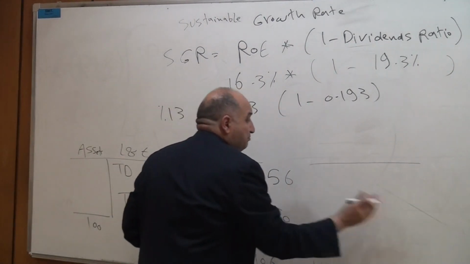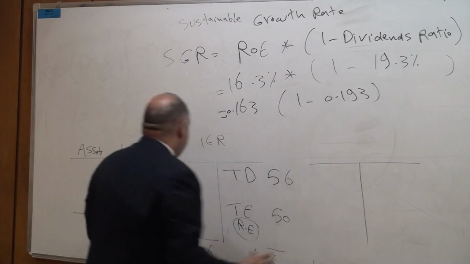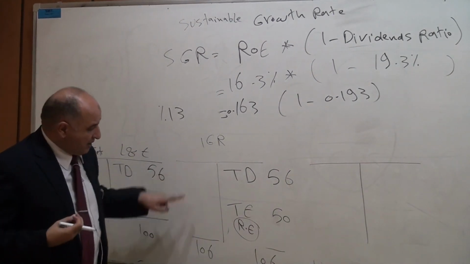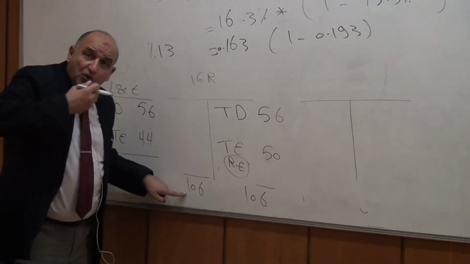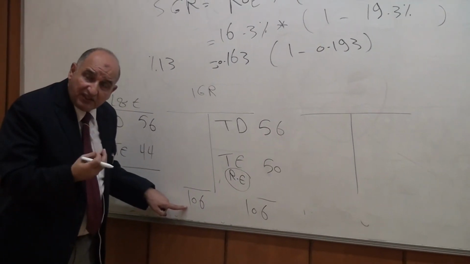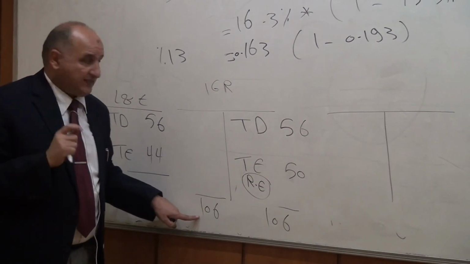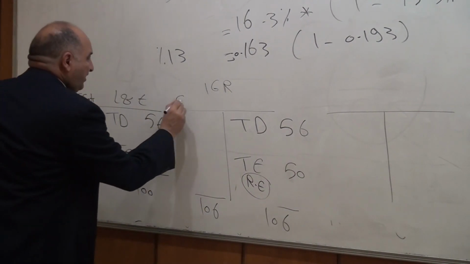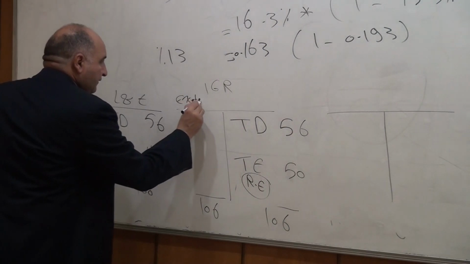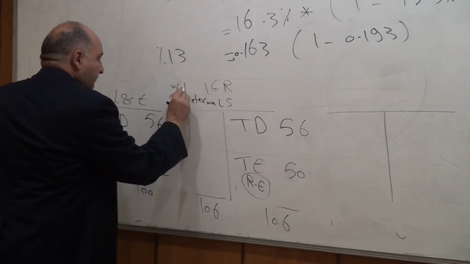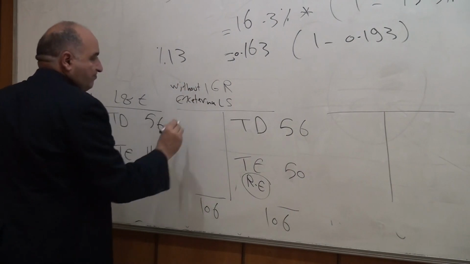Concentrate highly, please, again. Internal growth rate was 6%, which means our assets can grow by 6% without any external sources. Don't forget, without external sources.